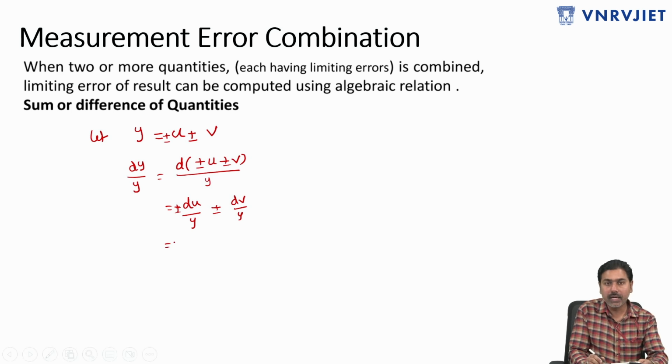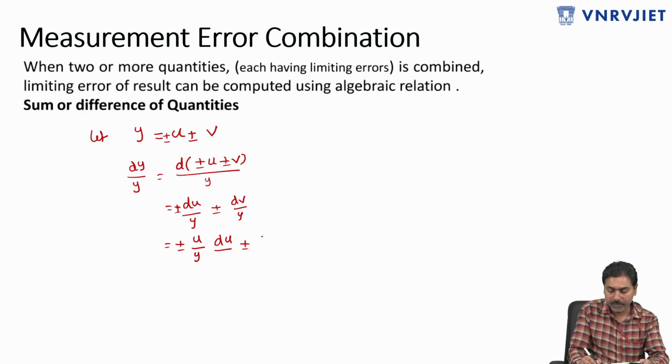Now this can again be written as plus or minus u by y into du by u, plus or minus similarly v by y into dv by v.